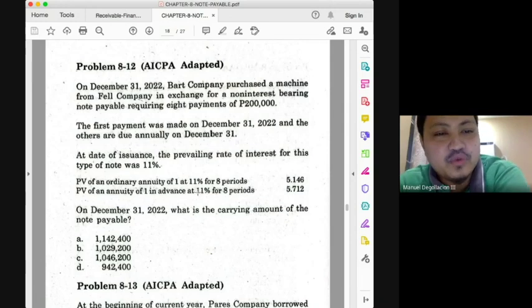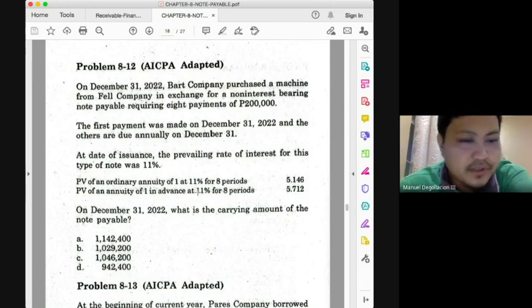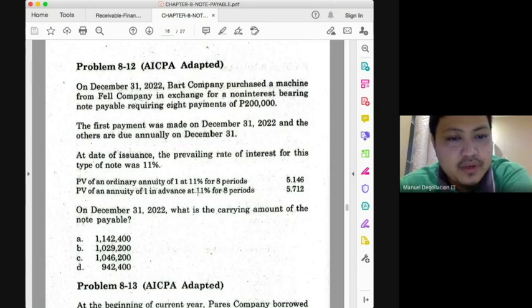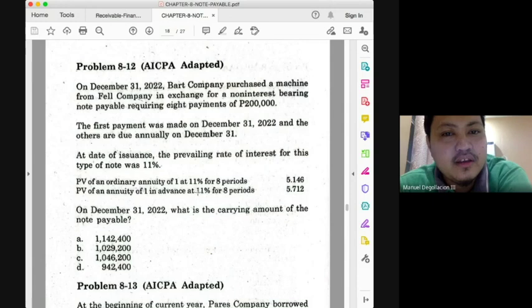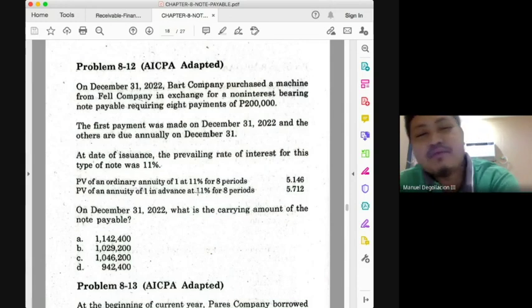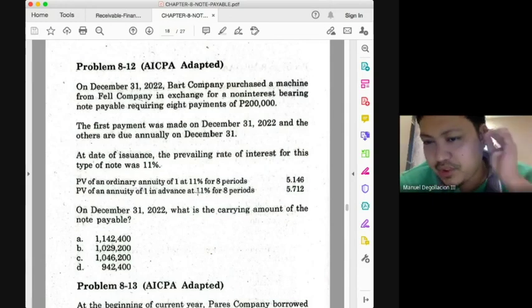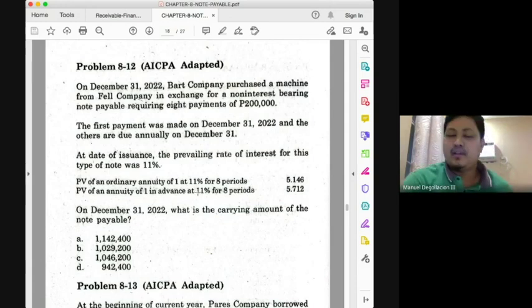At date of issuance, the prevailing rate of interest for this type of note was 11%. On December 31, 2022, what is the carrying amount of the note payable? December 31, 2022 is also the date of the issuance, so we're basically asked for the initial carrying amount. As what I've told you, this is perhaps the most commonly asked question for this topic.